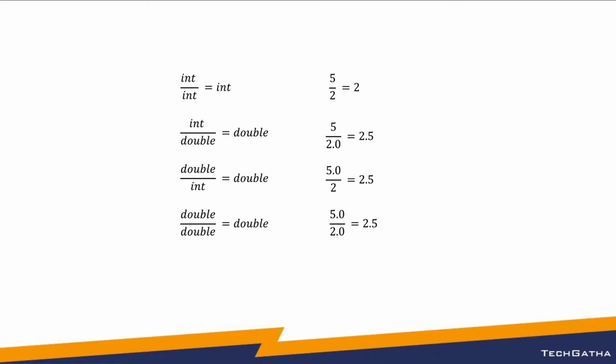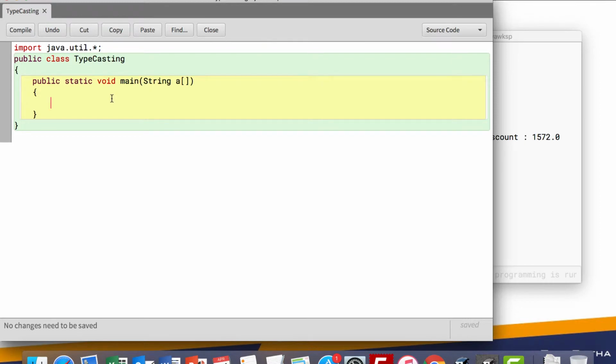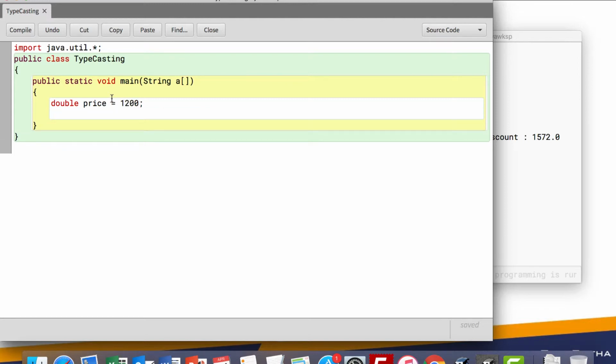Now this concept is very important in scenarios like, for example, let me consider a value, say price, and suppose the price is 1200. I want to calculate the total amount the user has to pay, and there is a 7% discount.